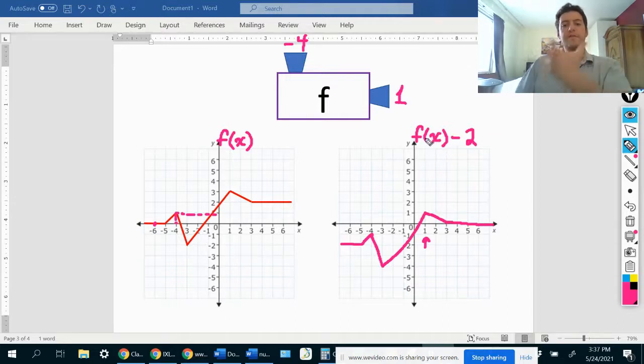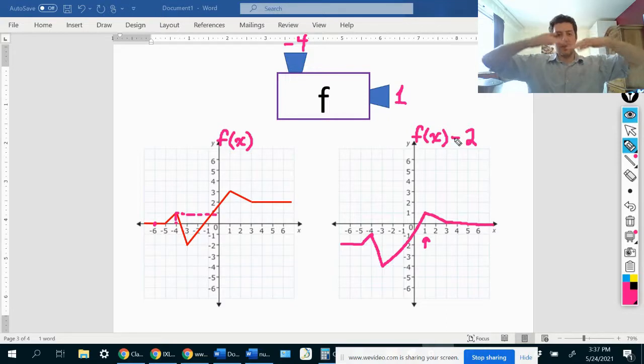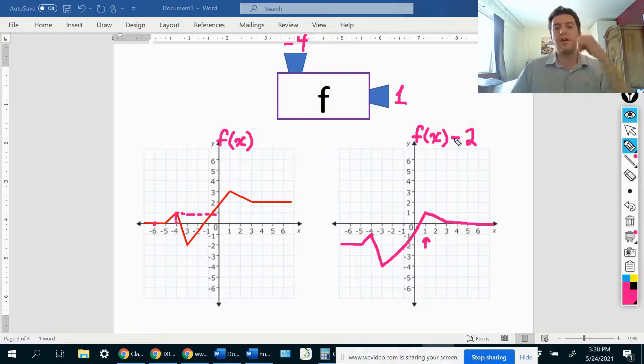If we have some function and then we just add something to it, then all that does is translate the graph of the function up by however many spaces we're adding. If we subtract something from it, then it would just translate it down by however much we subtracted. Okay, so hopefully that's not too difficult to understand.